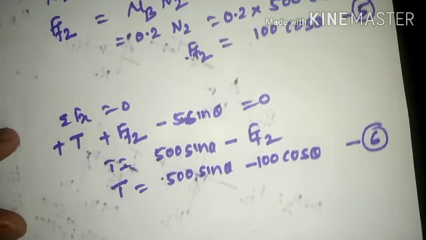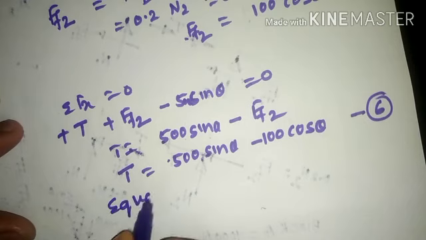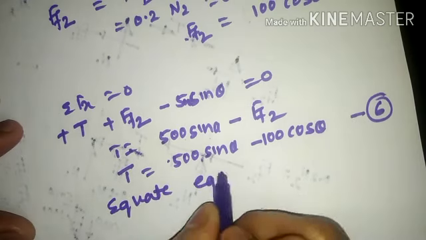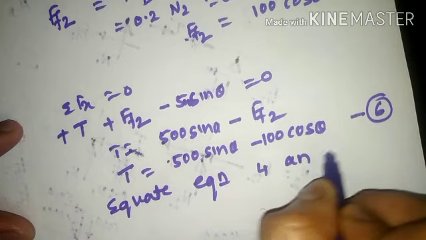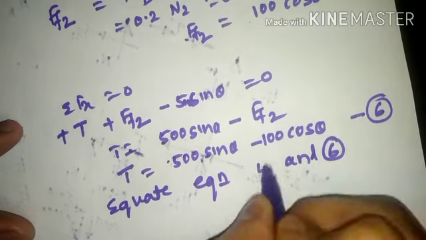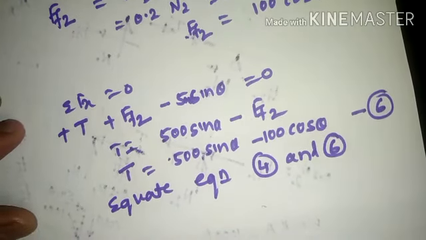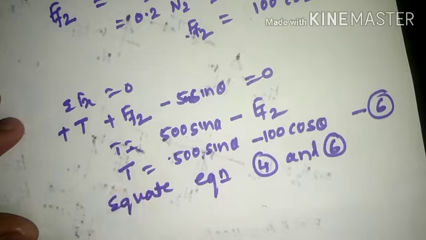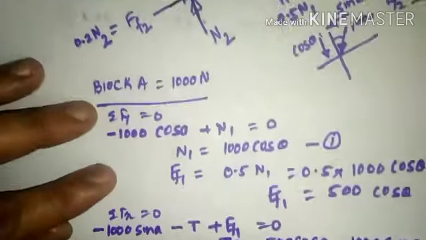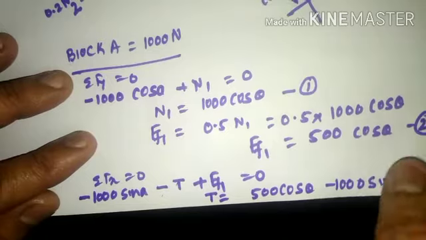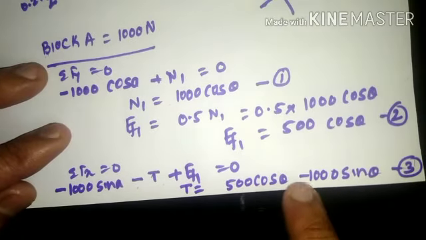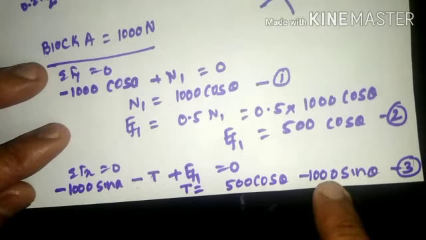Now to find this, you can equate equations 4 and 6. If you equate 4 and 6, T is on the left hand side. In equation 4 also, T is on the left hand side. So the equation 4 value is 500 cos of theta minus 1000 sine of theta.